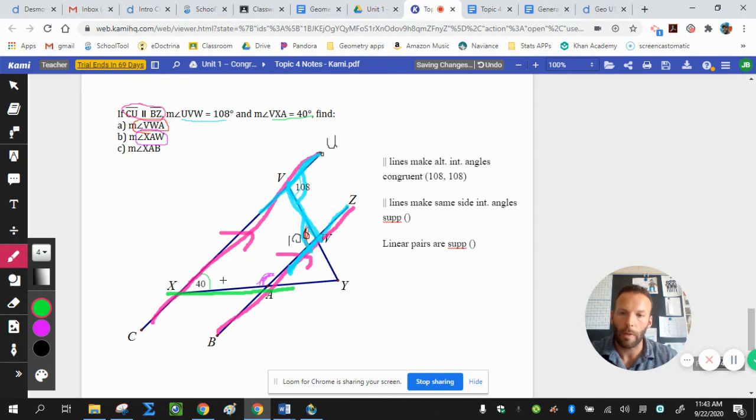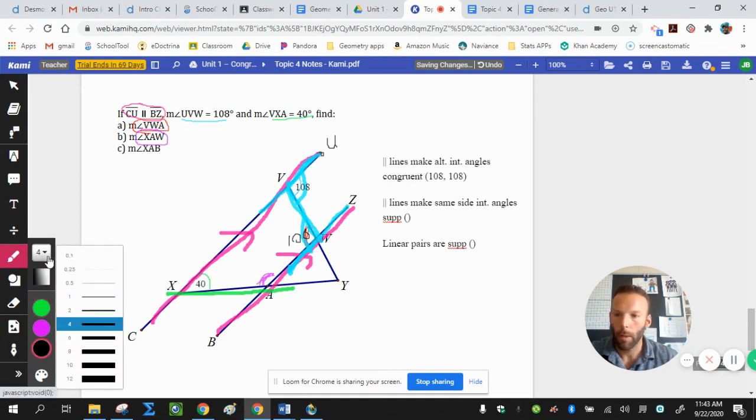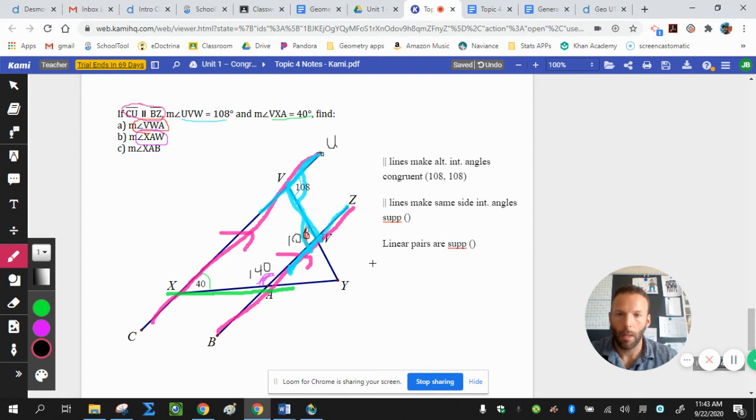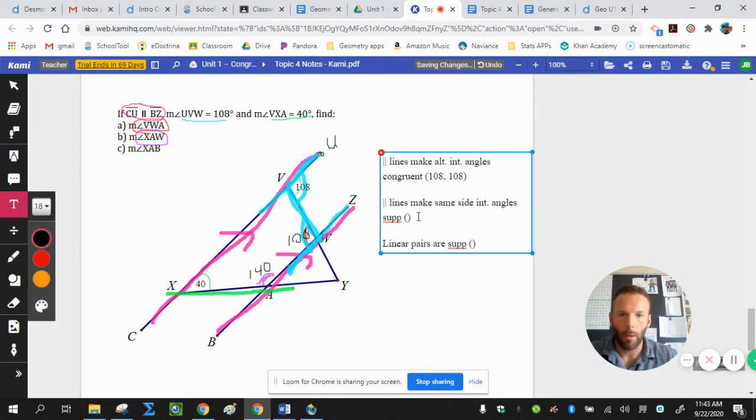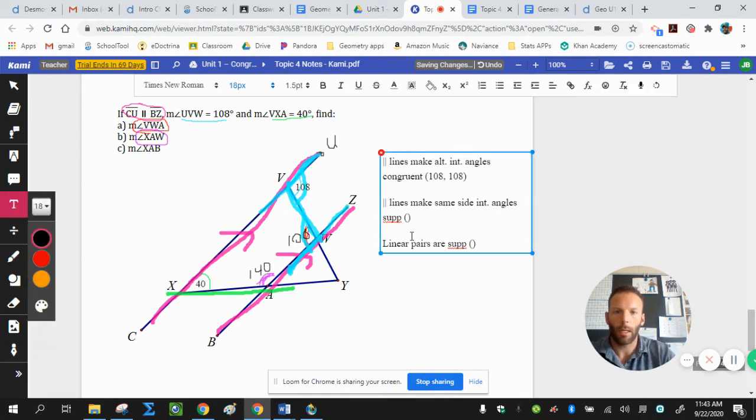So those are called same side interior angles. And when you're told the lines are parallel, then those same side interior angles must be supplementary. So 40 plus 140 is 180. So parallel lines make same side interior angles supplementary, 40 and 140.